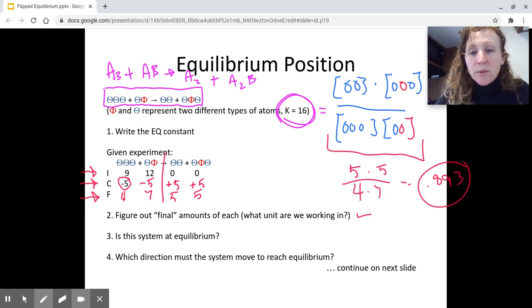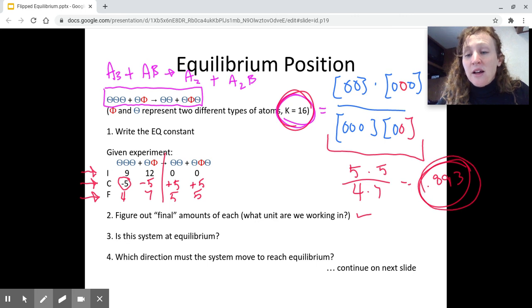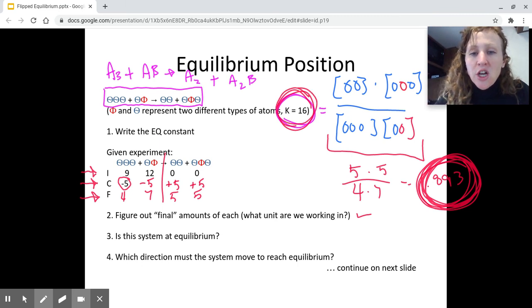Are we at equilibrium? Nope, we are not, because whatever positions we plugged in to our law of mass action do not match what our ratio should be at equilibrium.